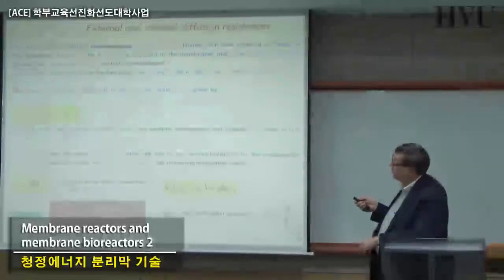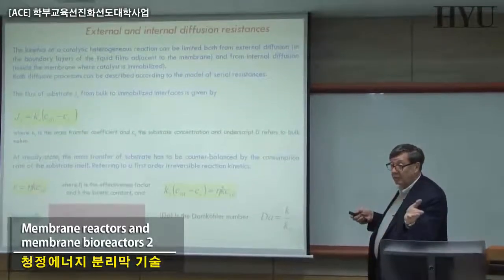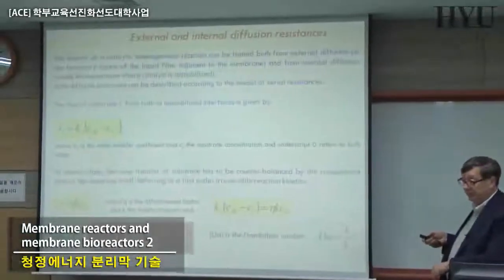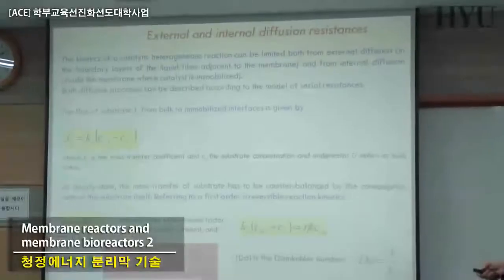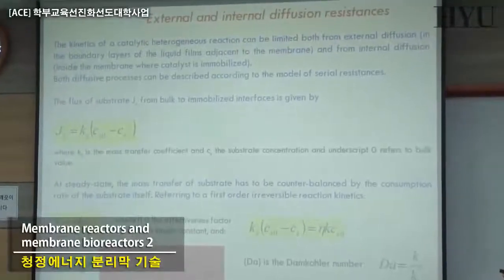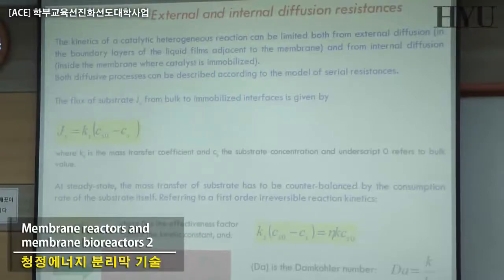But we have also the external one, the one that we have been defining as concentration polarization phenomena, the effect at the interface. When you are talking about bioreactors, the term substrate means reactant. Instead of talking about the reactants, you talk about substrate.